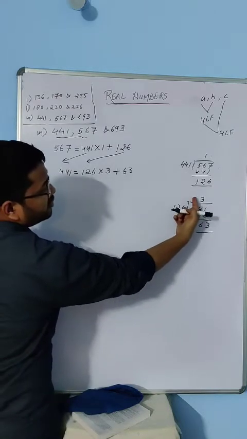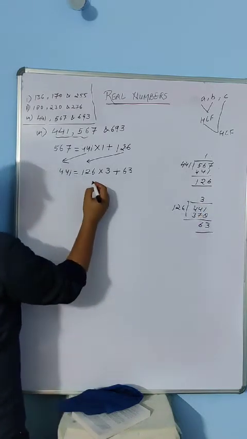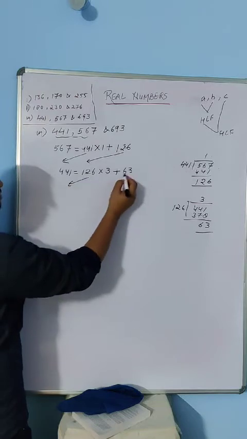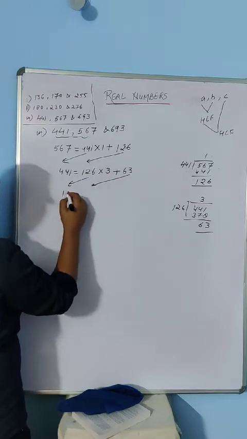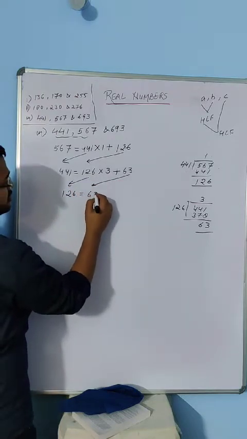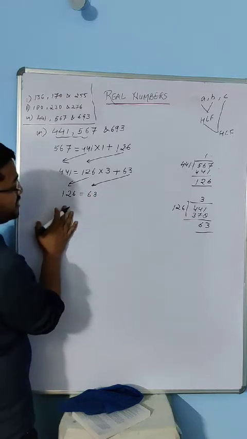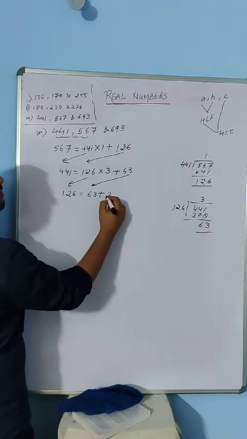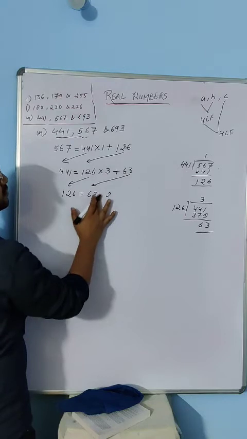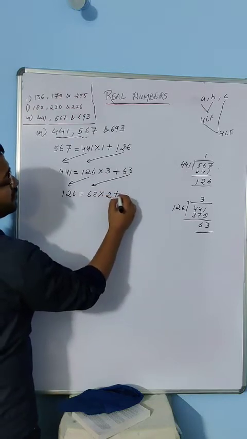Dividend is equal to divisor into quotient plus remainder. Now divisor becomes the dividend, remainder becomes the divisor. So 126 is equal to 63 into 2, which is perfectly divisible, giving you a remainder of 0.